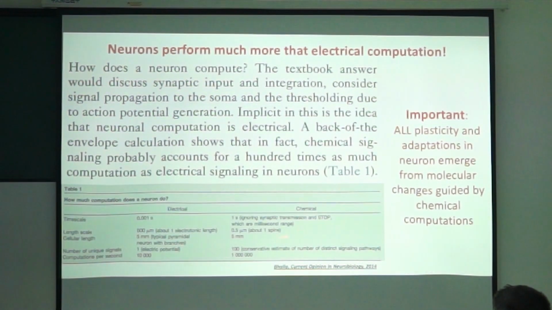So you will realize that there are more chemical computations, the kind of signaling mechanisms, the enzymes that are present over there, which are responsible for all forms of plasticity and stuff like that. So the number of chemical computations that happen is much higher than the number of electrical computations that happen in a single neuron.